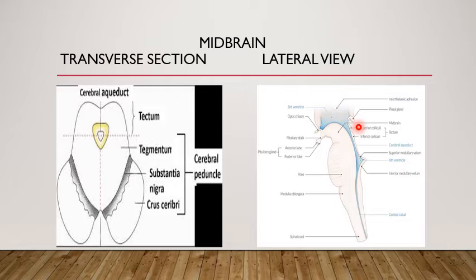The superior colliculus is connected to the lateral geniculate body by a brachium and is concerned with the visual pathway. Fine. The inferior colliculus is connected to the medial geniculate body and is concerned with the auditory pathway.